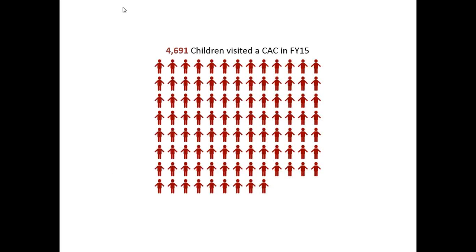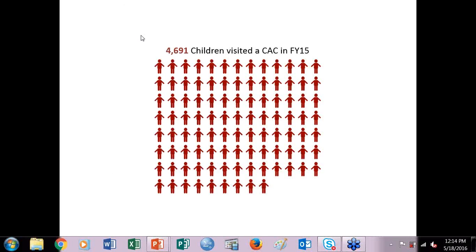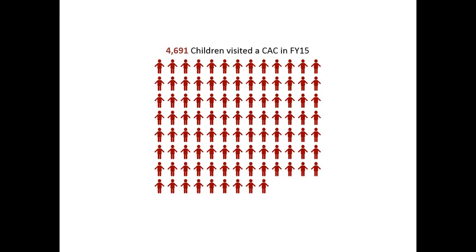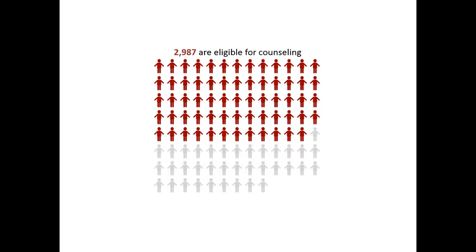For fiscal year 15, this is just a snapshot. Our CACs registered almost 4,700 kids into the system. So about 4,700 kids came to a child advocacy center from July 1st, 2014 to June 30th, 2015. Of those, about 3,000 were eligible for counseling.